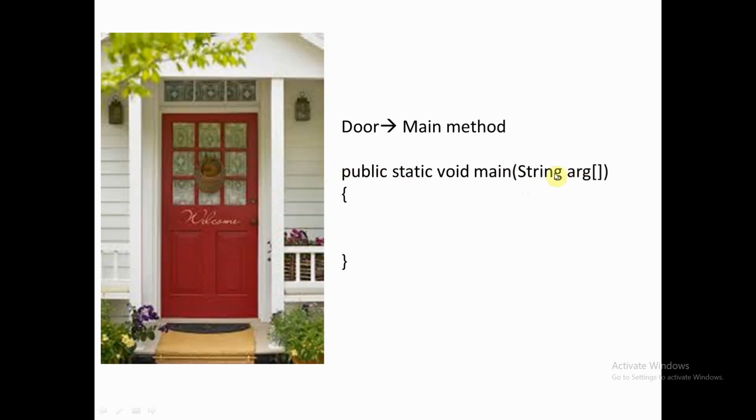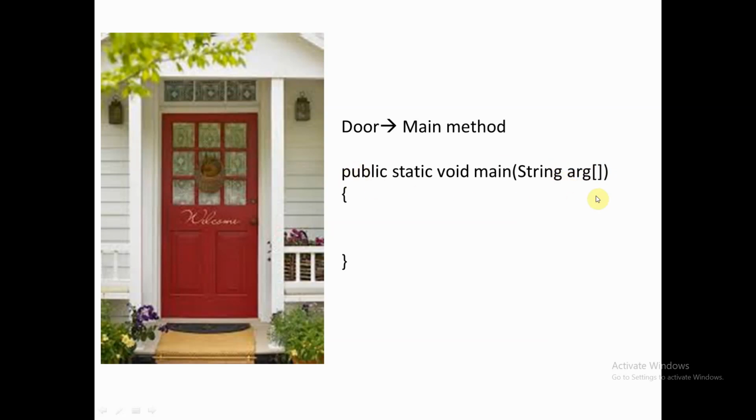But nothing else you can change in this line. It is a String, you have to give the name of the array, and since it is an array, you have to give a square bracket. This square bracket can be placed here, or you can place it here. We'll see what is the difference between placing the square bracket near the variable or near the data type. We'll discuss that in the other classes.